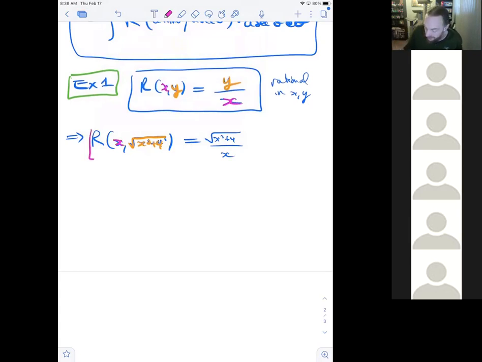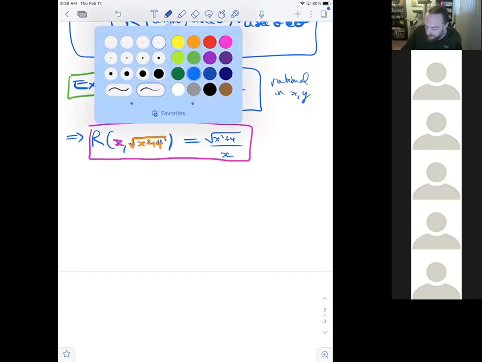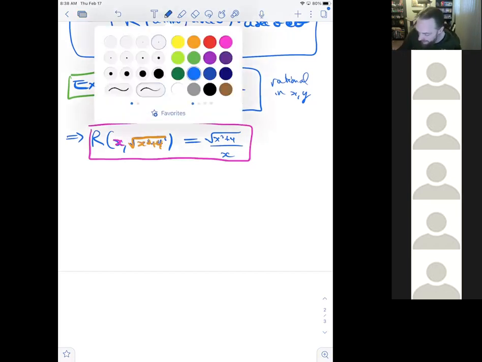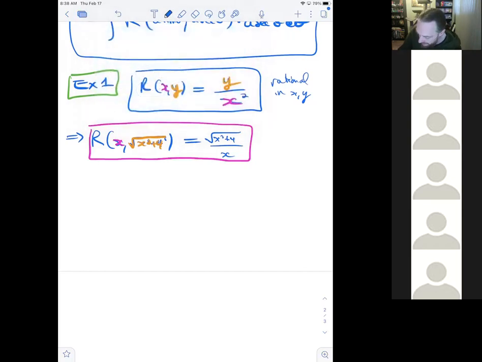So now, if I take that, what if I want to integrate that function? So this is what I mean by the rational function in x and the square root of x squared plus 4.